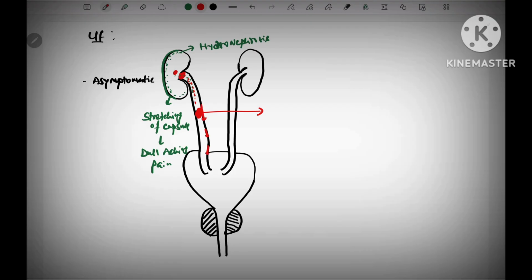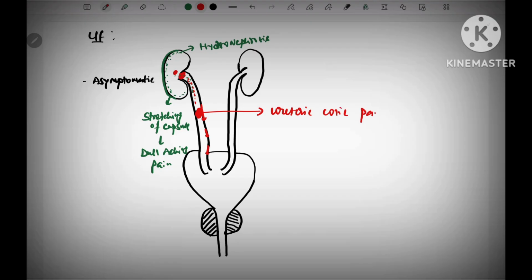It wants to get relieved from the stone. Due to the peristalsis, the pain starts occurring again. And what type of pain occurs when the stone is in the ureter? It causes ureteric colic pain.